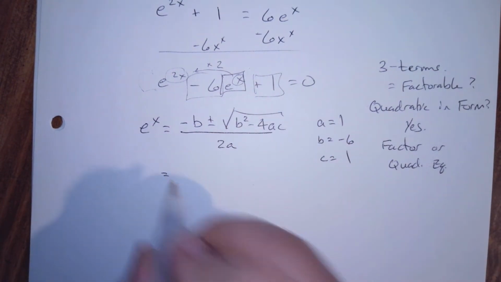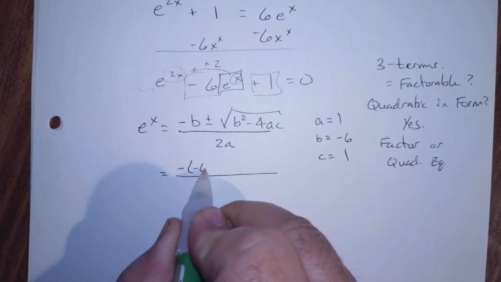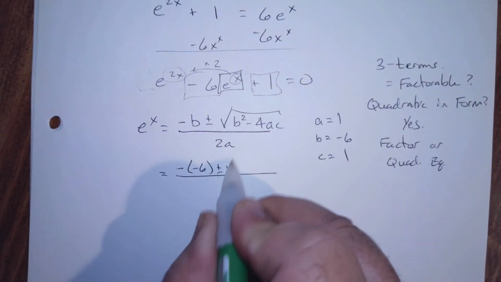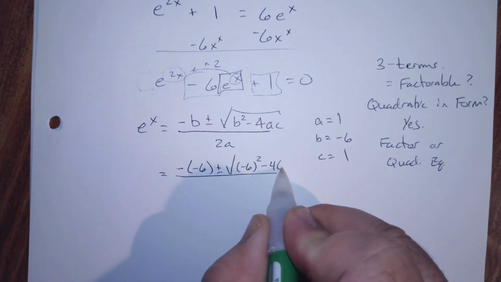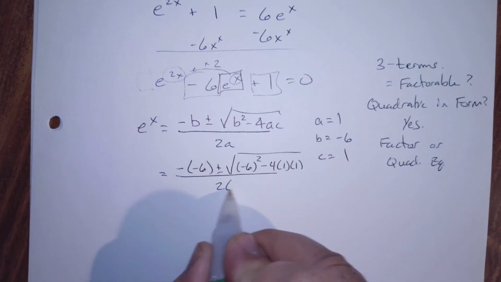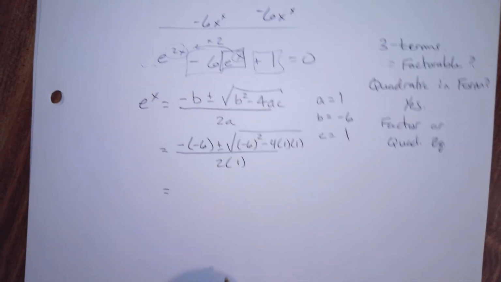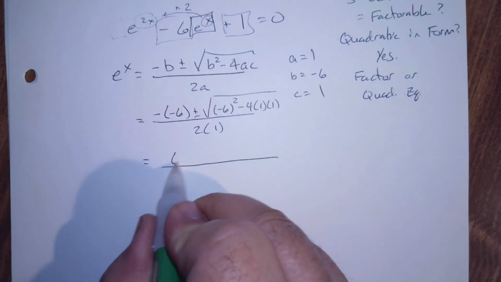So let's just plug them in there. So it's negative of negative 6, plus or minus square root of negative 6 squared minus 4 times 1 times 1, that's ac, over 2 times 1. Negative makes it positive 6.